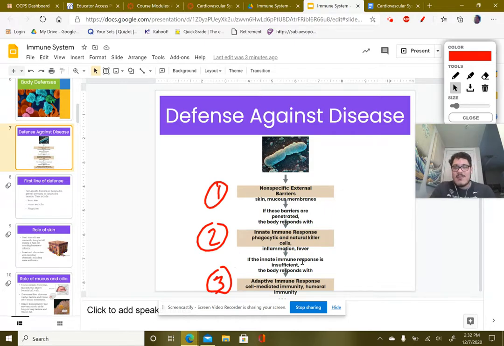Finally, if the innate immune response is insufficient, the body responds with the adaptive immune response. This is your cell-mediated immunity and humoral immunity. In the case of an invading force, they've surpassed the archers, they've gotten into the walls, they're breaking the gates down with battering rams.